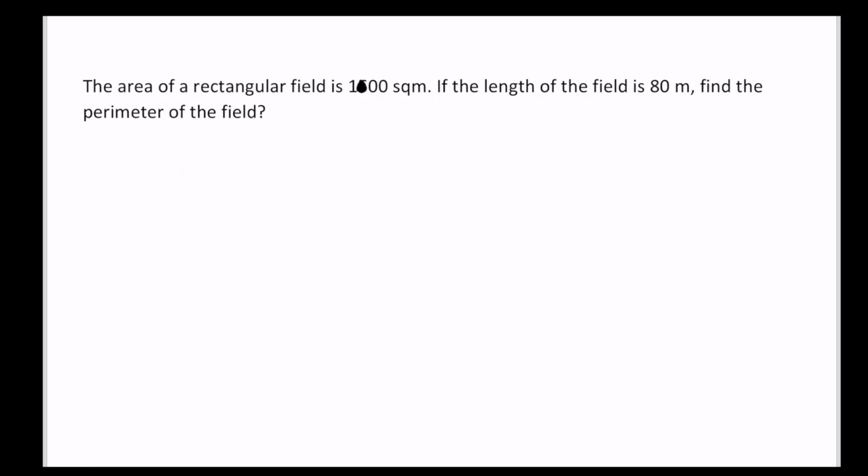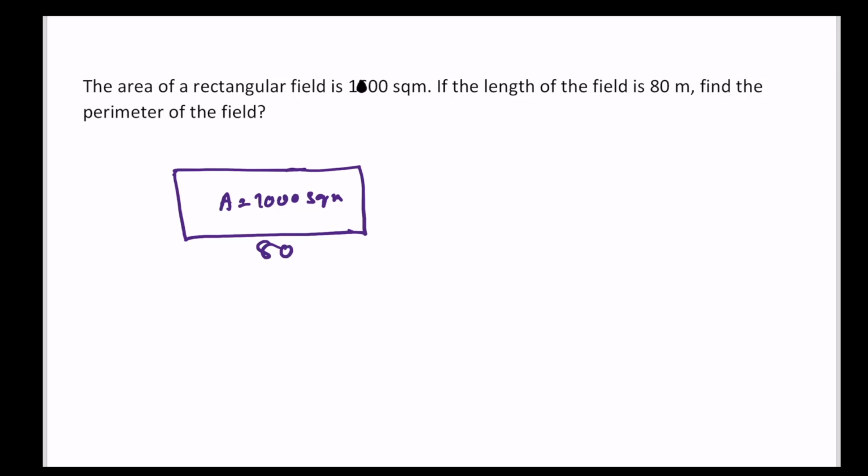Let's move on to our last problem. The area of the rectangular field is 1000 square meters. This is our rectangular field. Area is equal to 1000 square meters. Length is 80. Find the perimeter.